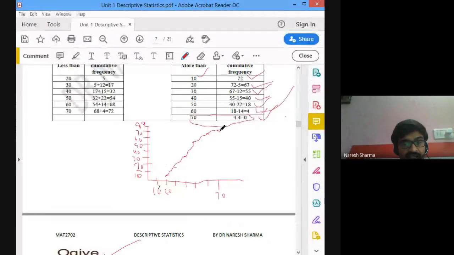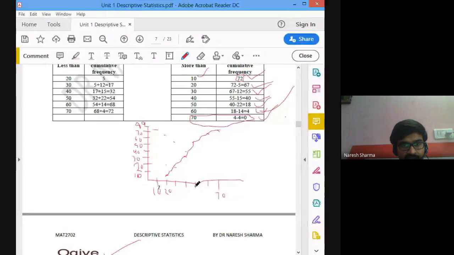Similarly, for more than, at 10 it is given in the above table, that is 72. So we can start from 10, it is 72. At 20, it is 67. Similarly at 30 it is 55. At 40 it is something like 40.